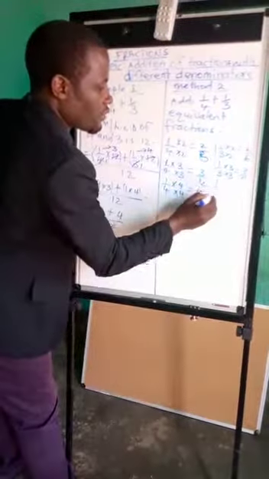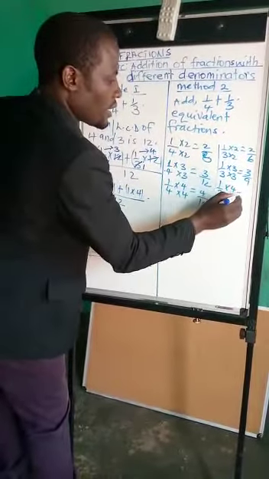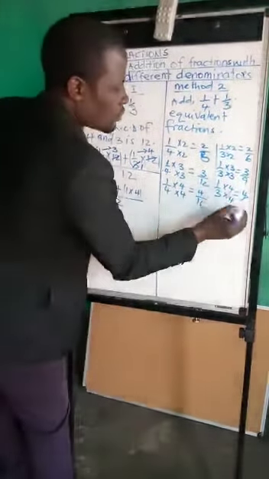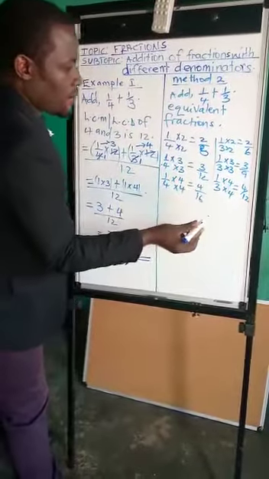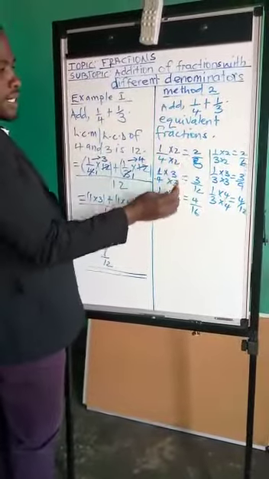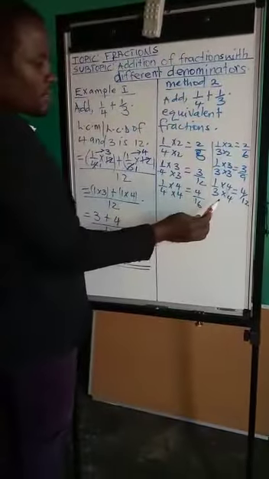The next equivalent fraction, we multiply by 4, we get 4 out of 12.